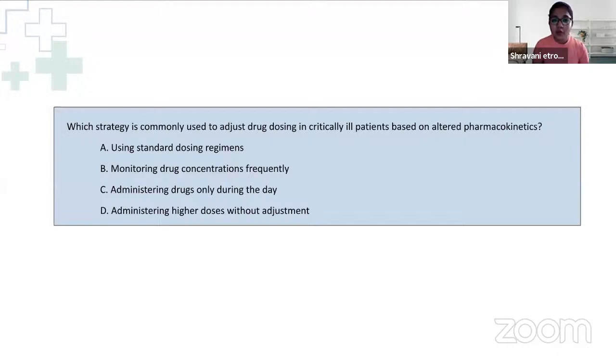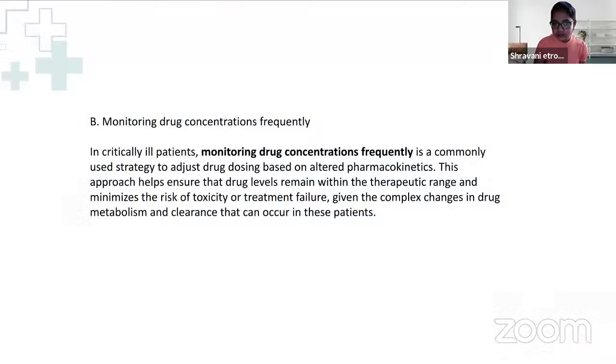And the next question, which strategy is commonly used to adjust drug dosing in critically ill patients based on altered pharmacokinetics? It is just a correlation to our first question. When you relate this question to the last topic which we have seen, that is monitoring the drug concentrations.